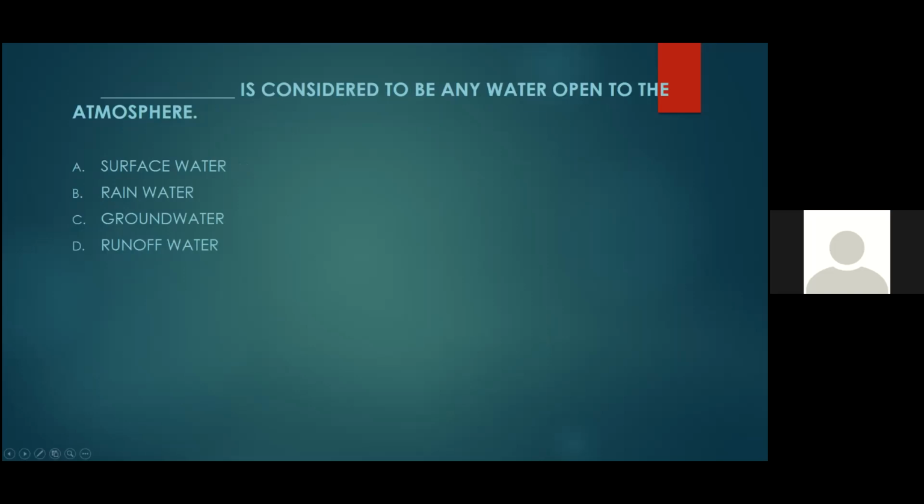Blank is considered to be any water open to the atmosphere. What is open to the atmosphere here? That's right. A, surface water is always considered open to the atmosphere. Groundwater, of course, is not.